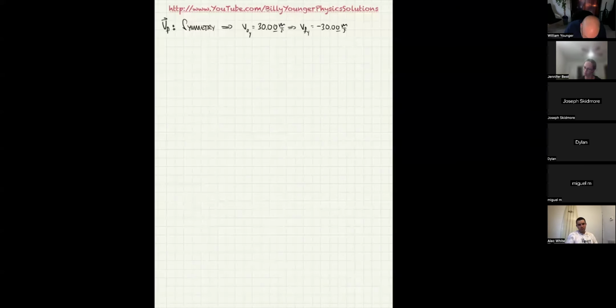And equation 4 suggests, oh, that doesn't look like 4, that looks like an H. Equation 4 suggests that V final x is equal to V0x, which equals 40.0 meters per second. So that's a way where we can figure out the final velocity without really doing any calculations, just by reasoning.